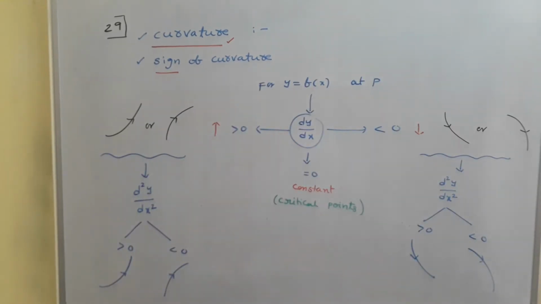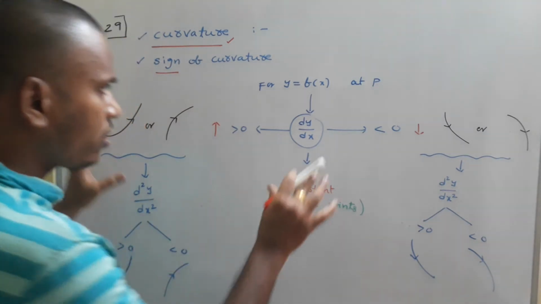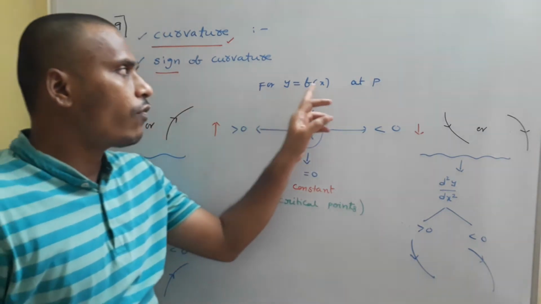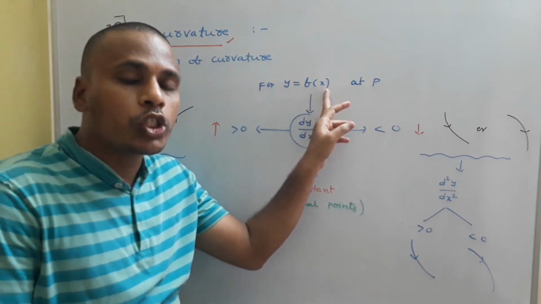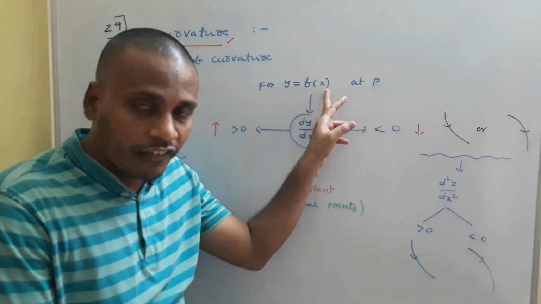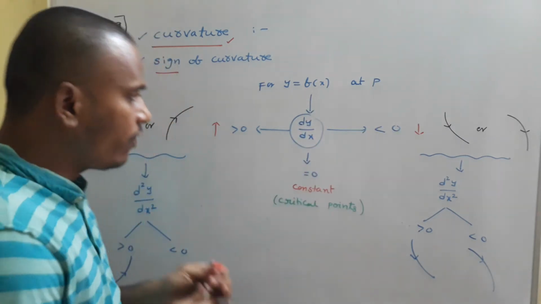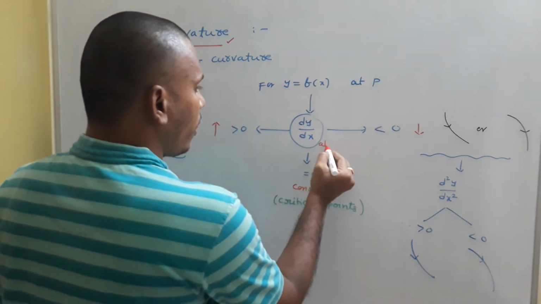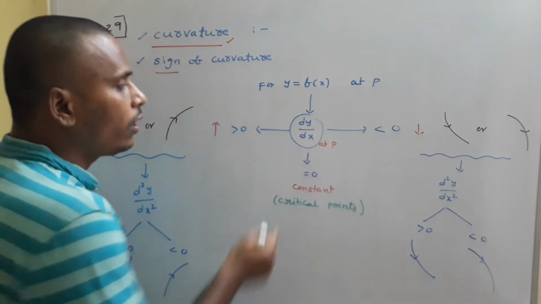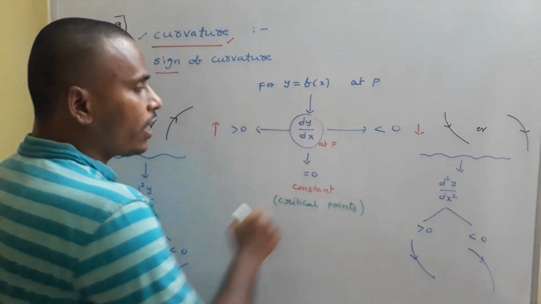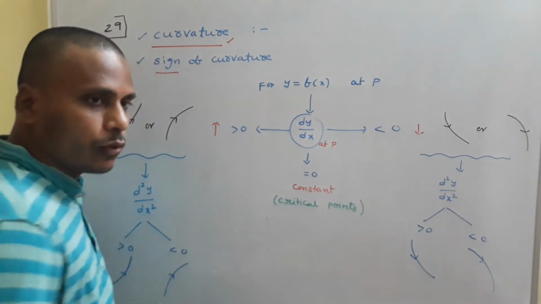So finally, to decide the curvature of a function, this is the process. If we have a function y equals f of x, and we are going to check the concavity or curvature of this function at a point P, first of all calculate dy by dx at P. That derivative value may be greater than 0, less than 0, or equal to 0.